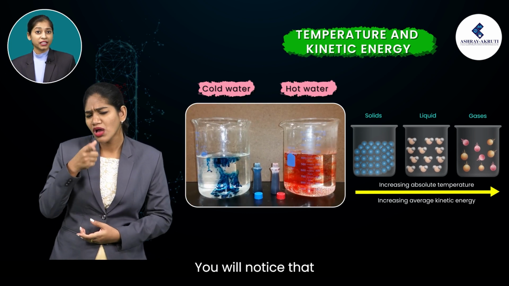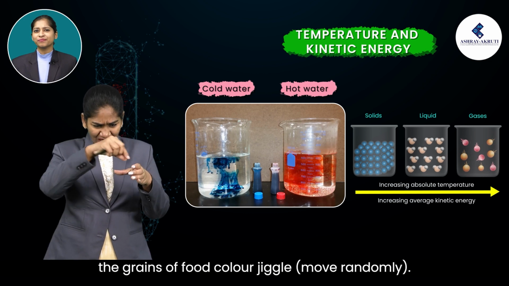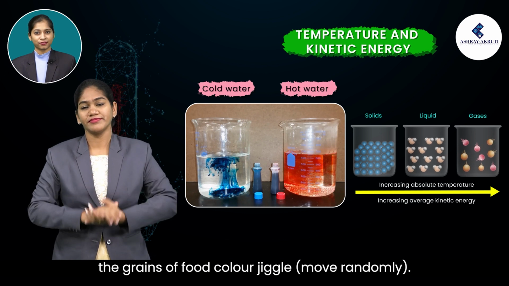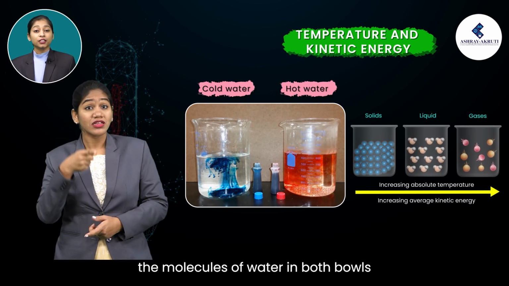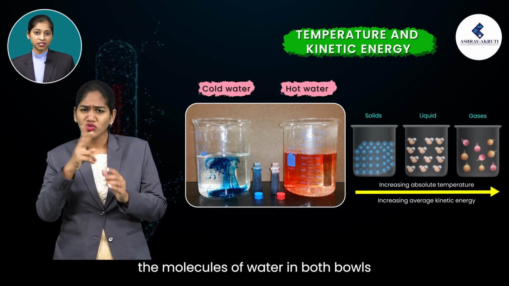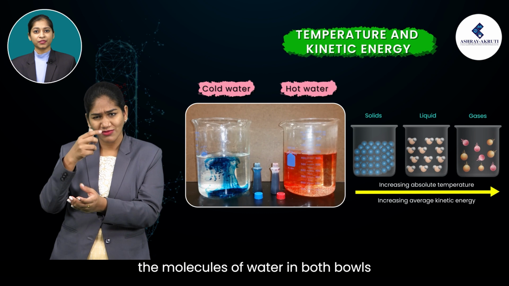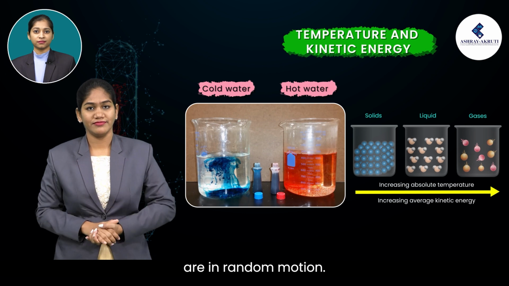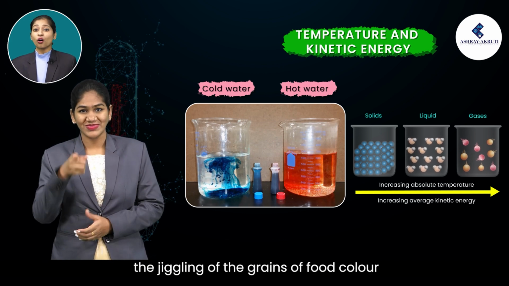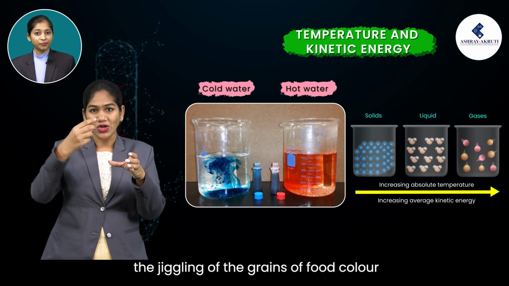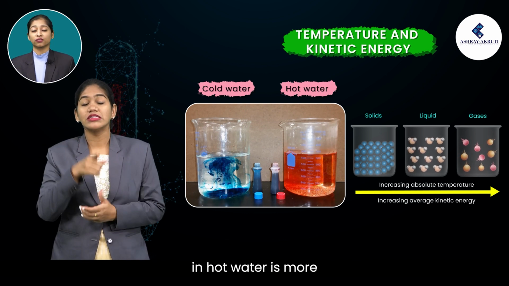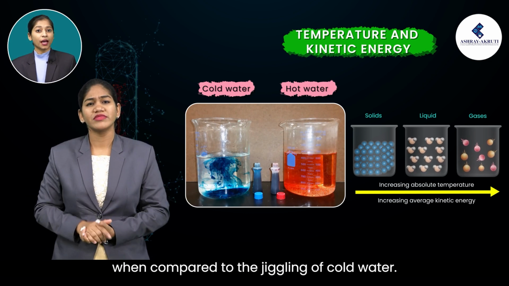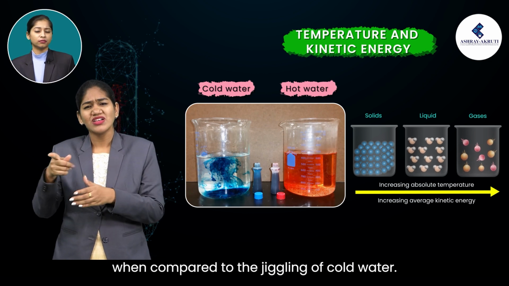You will notice that the grains of food color jiggling move randomly. This happens because the molecules of water in both bowls are in random motion. We observe that the jiggling of the grains of food color in hot water is more when compared to the jiggling in cold water.